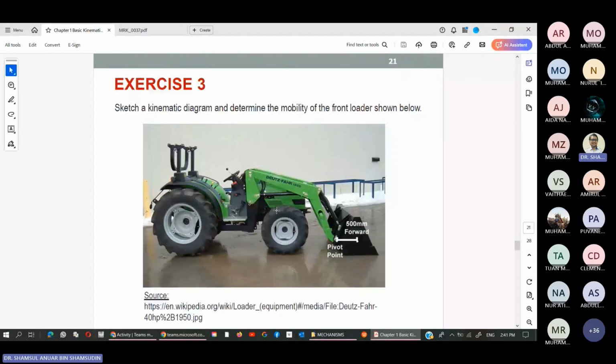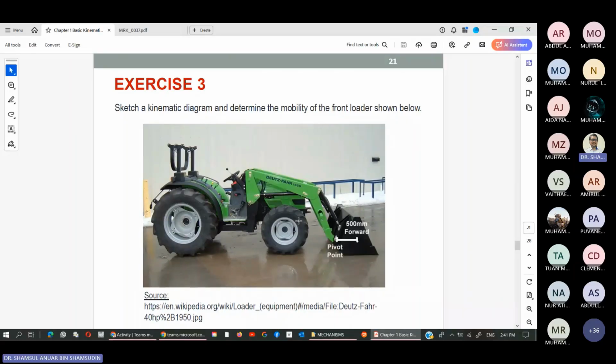Okay, so what is this thing? It's called the tractor, and some tractors can be attached with this kind of thing we call a front loader. So we have this tractor attached with the front loader.